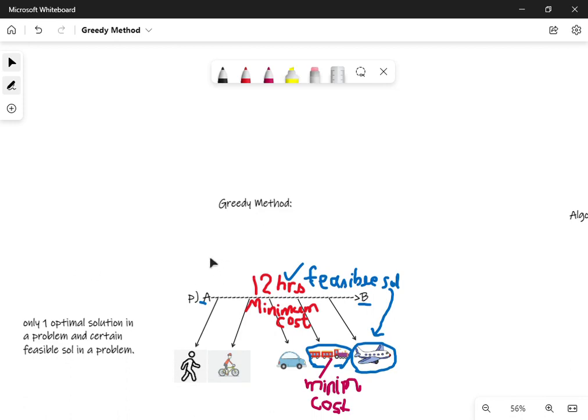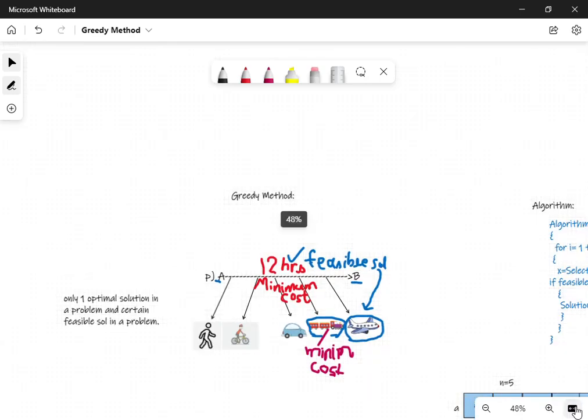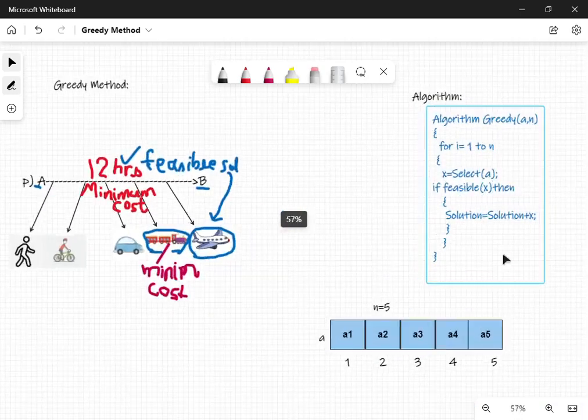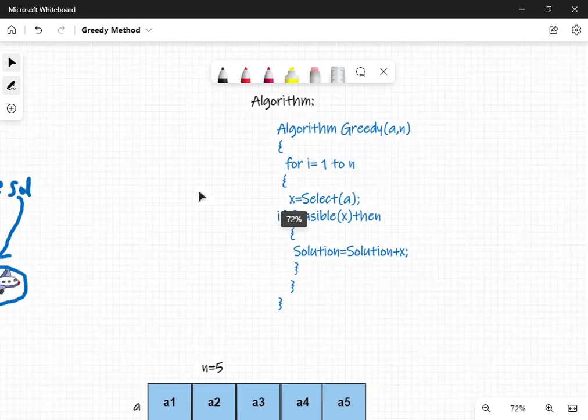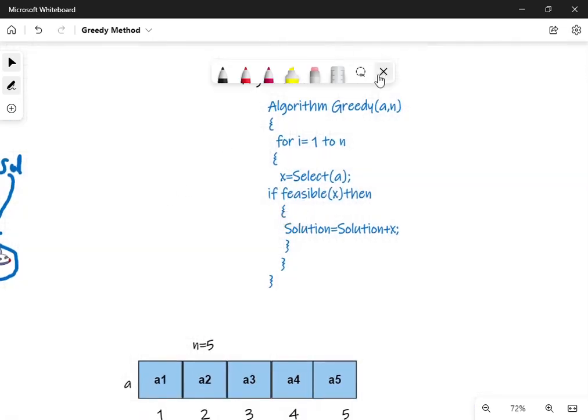Let's start with the general algorithm for the greedy method. So let me start it. Greedy method, what does it say? The greedy method says that the problem should be covered in stages. In each stage, we consider one input from the given problem, and if that input is feasible, we include it in the solution.